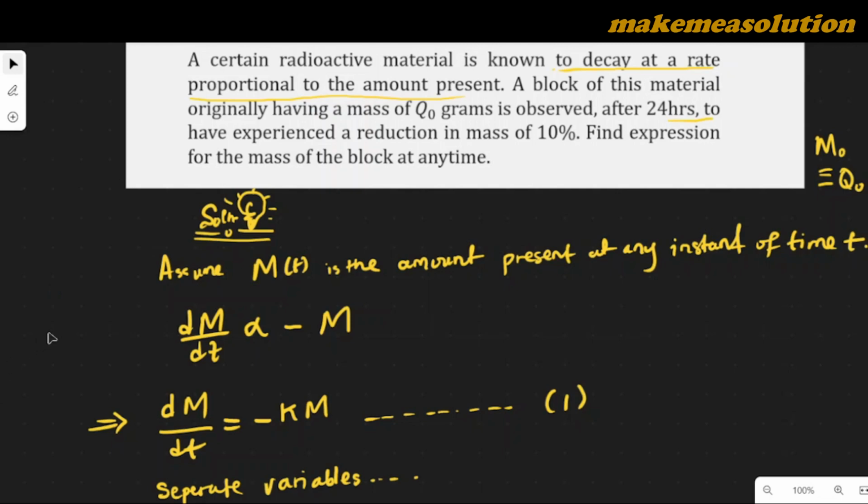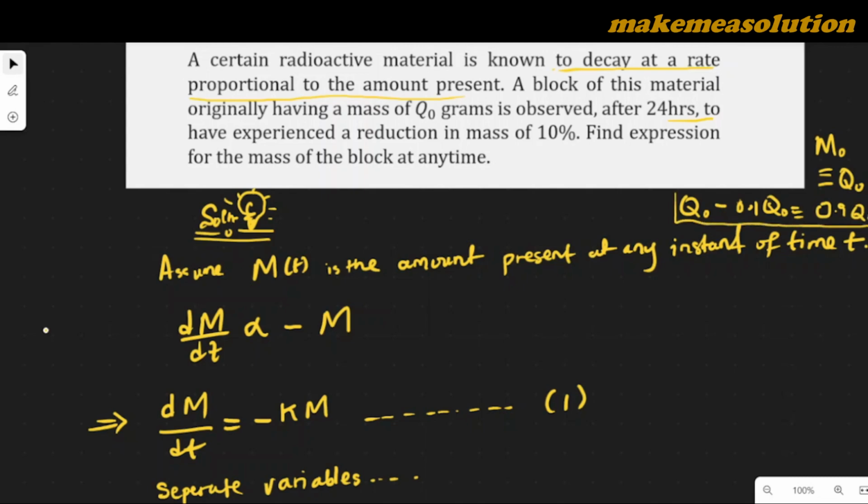It's not in seconds, it's not in days, it's in hours. And after 24 hours from q naught, there was a 10% decrease. So 10% is 0.1 of q naught. So what will be remaining will be 0.9 of q naught, or 90% of the original amount.